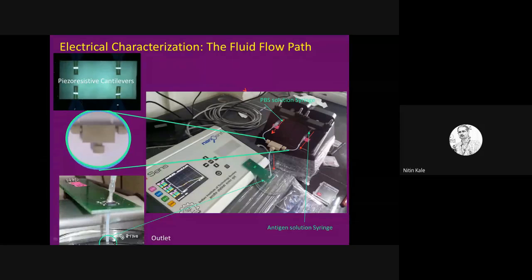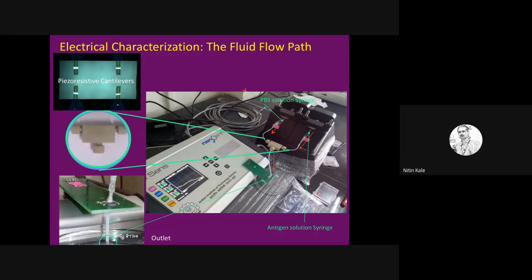Okay, so this forms the electrical device. Then you have the mechanical part, because you are going to flow liquids. So you need to cover the cantilever region so that the liquids do not seep away to the contact pad area. So the sealing should be proper.